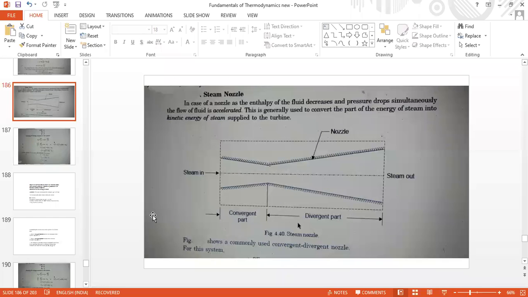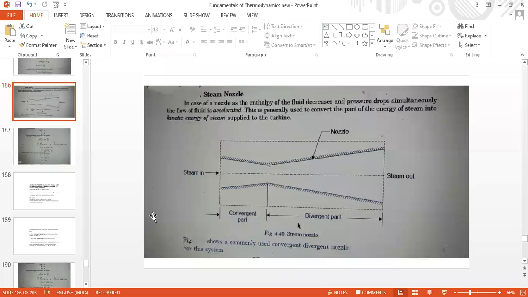For example, from a sprinkler, how does water come out, with low velocity or high velocity? High velocity, sir. So in that way, the nozzle is also meant for increasing the velocity of fluid.